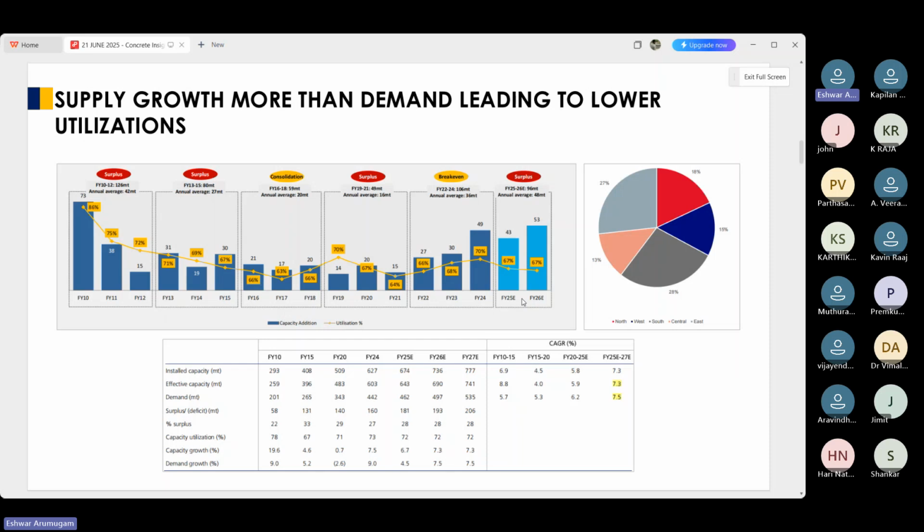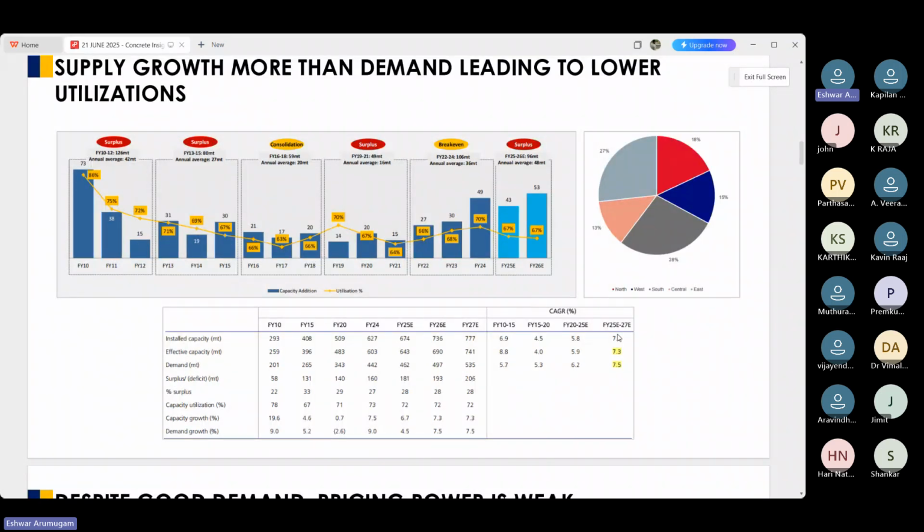And that is what is also expected. So between FY25 to FY27, the demand is expected to grow at a compounded annual growth rate of 7.5%, while the supply addition is at a growth rate of 7.3%. So this is actually the rationale behind why the companies have added so much capacity in the last 2-3 years. Let's move on to the next slide now.